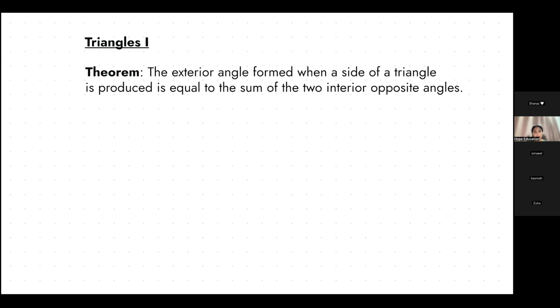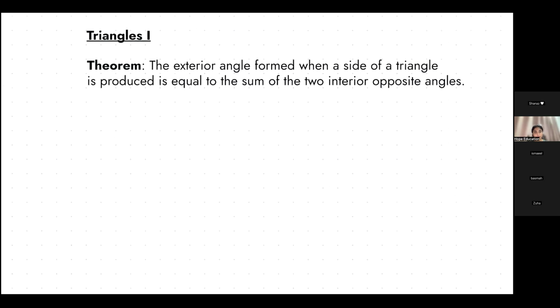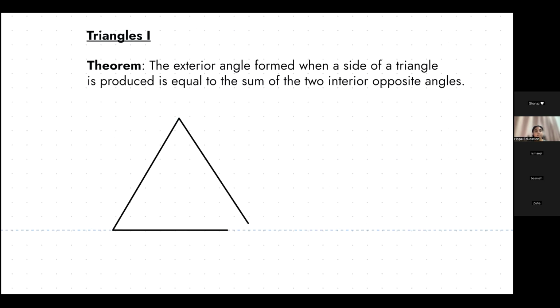So I'm going to draw a triangle like this. I will label this triangle as A, B, C. These are the 3 vertices of the triangle.